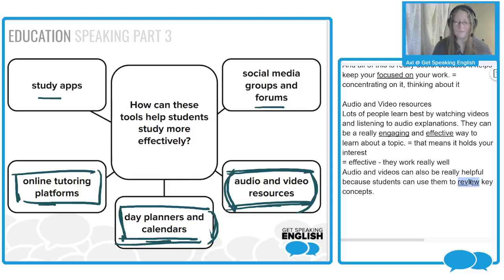So if we review something, that means that we're going back, we're sort of looking at things that we've already learned before, but we're just reminding ourselves about what we learned, right? So to review something, look at something we've already learned before, so we can remember it better. So it gets fresh in our memories and fresh in our minds, right?